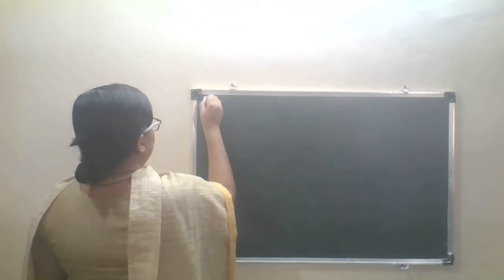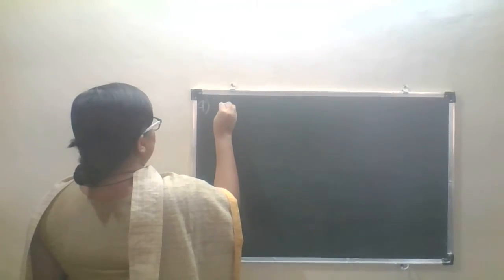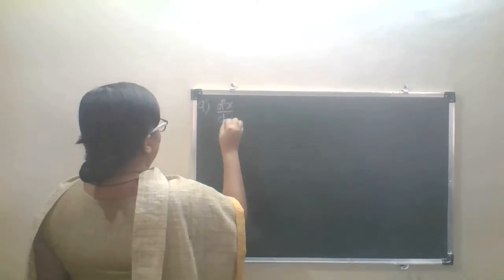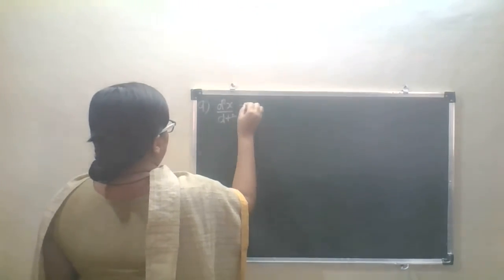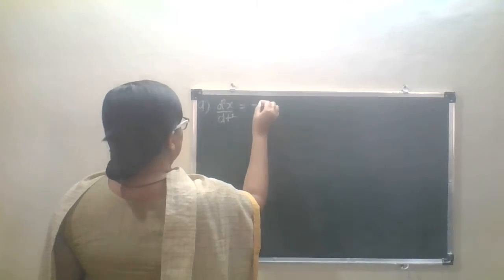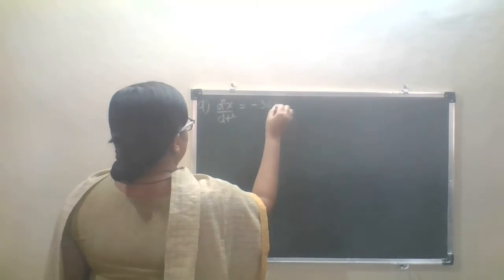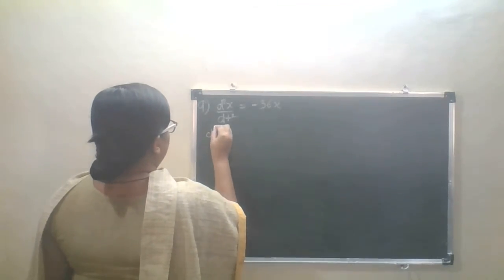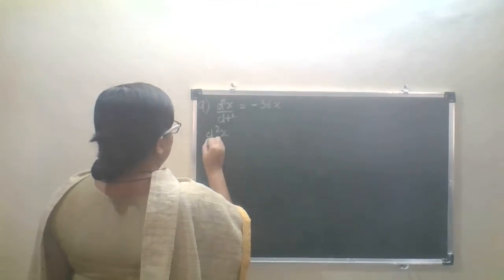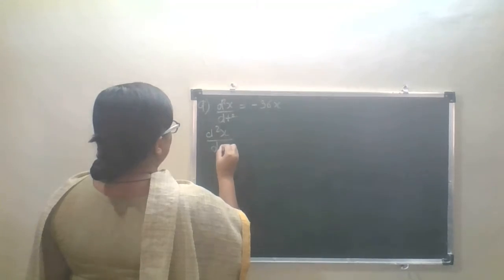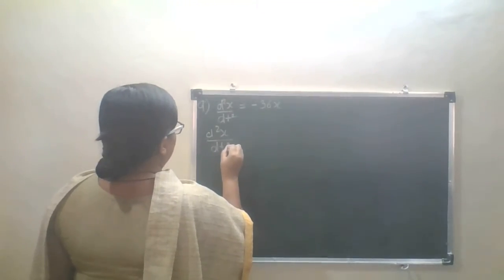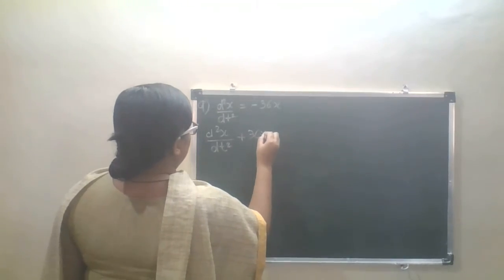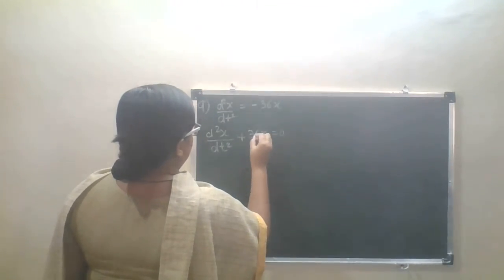In question number 9, given is d square x upon dt square is equal to minus 36x. Now we are rearranging this equation as d square x by dt square plus 36x is equal to 0.